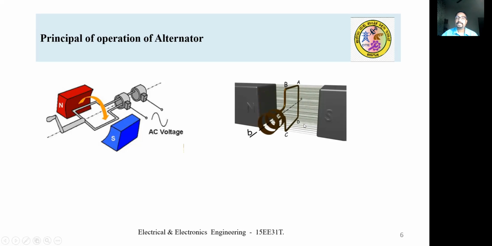The two sides are AB and BC, and the coil is made to rotate about the axis AB. The dotted line shows the axis of rotation, and the coil is assumed to be rotating in clockwise direction.